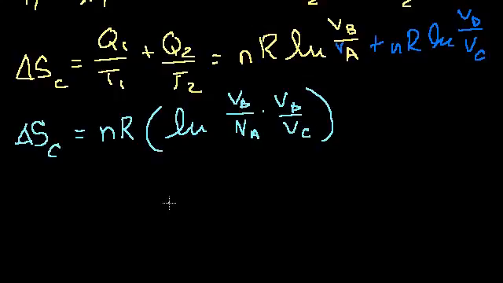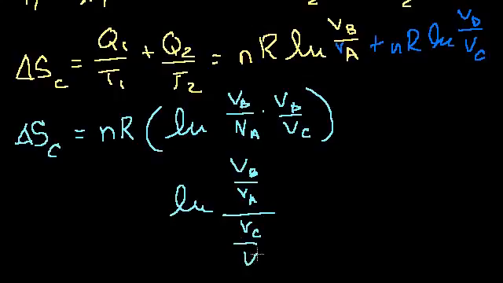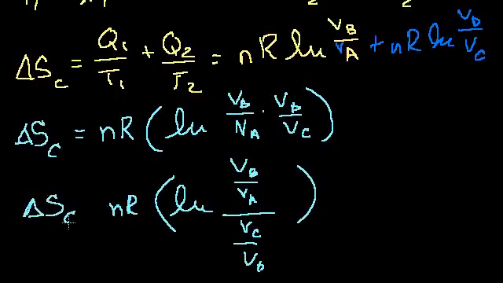So I can rewrite this as the natural log of vb over va divided by, instead of multiplying it times this, I can divide it by this reciprocal, vc over vd. So I just rewrote it. I just did a little bit of fraction math. Instead of multiplying it times this, I divided by its reciprocal.